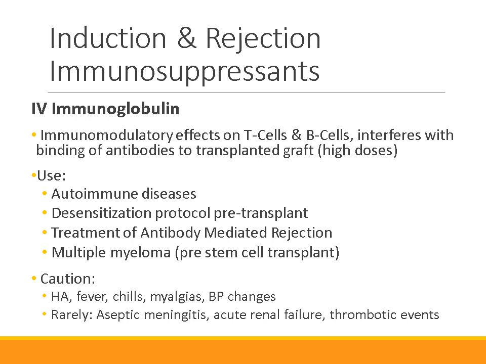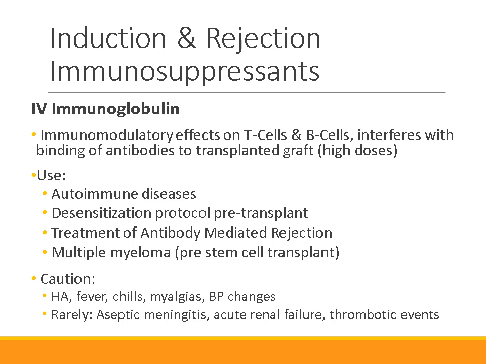The immunoglobulin, or we frequently call this IVIG, these are just immunoglobulins from the donor blood from a lot of people. So a whole lot of people have blood that's been donated.